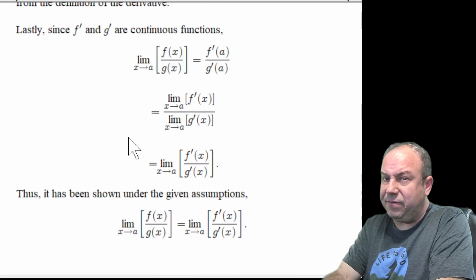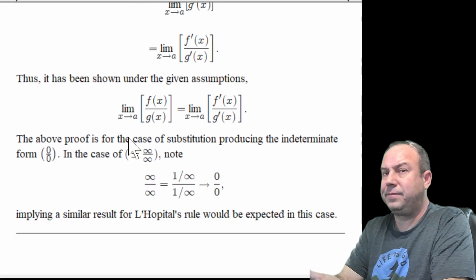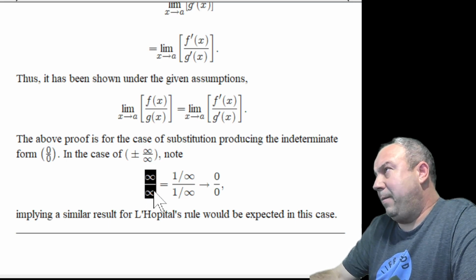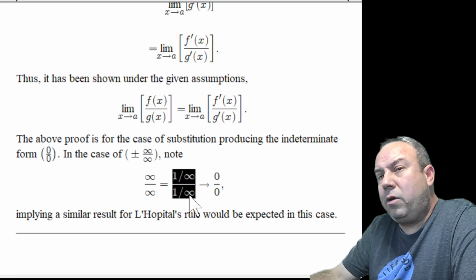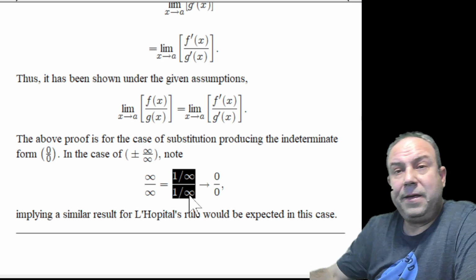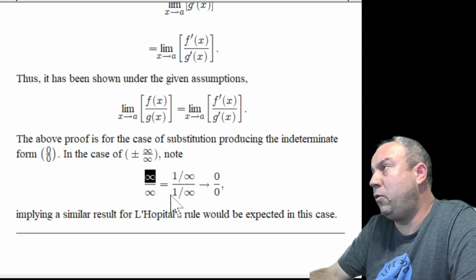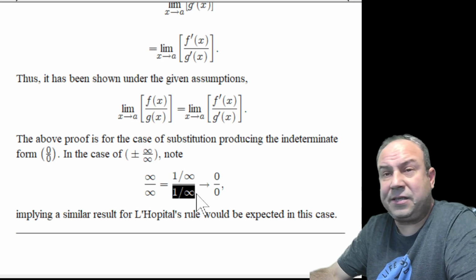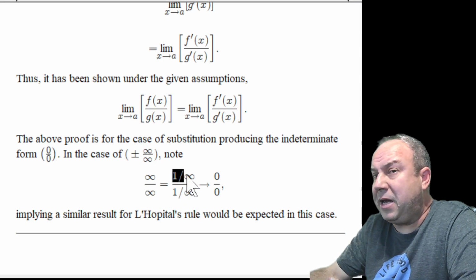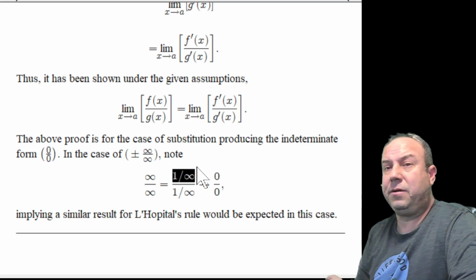For the case of plus or minus infinity over infinity, infinity over infinity can be thought of as equivalent to 1 over infinity divided by 1 over infinity. This infinity in the numerator can be moved to the denominator if we write it as its reciprocal, and this infinity in the denominator can be moved to the numerator if we write it as its reciprocal.